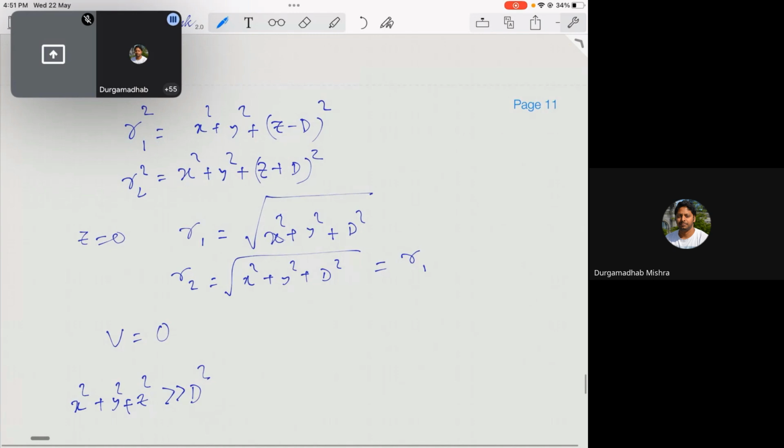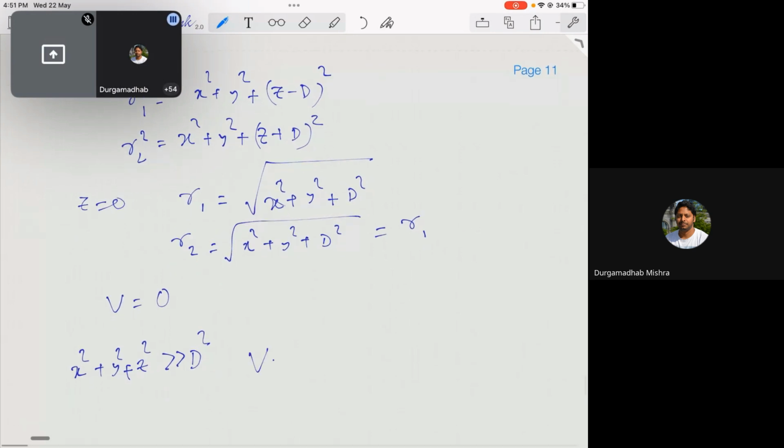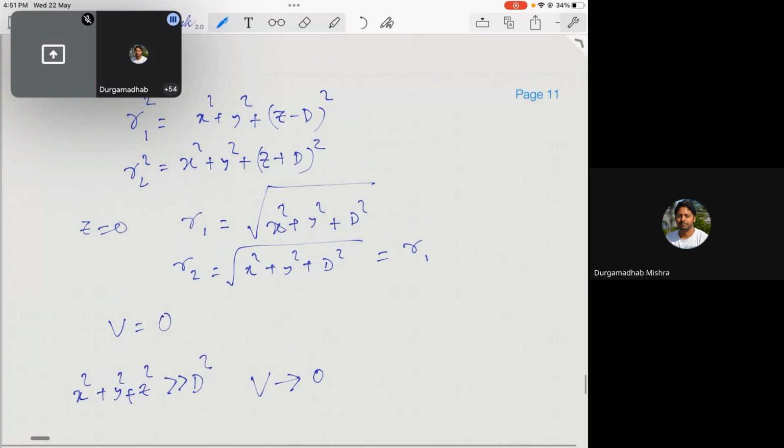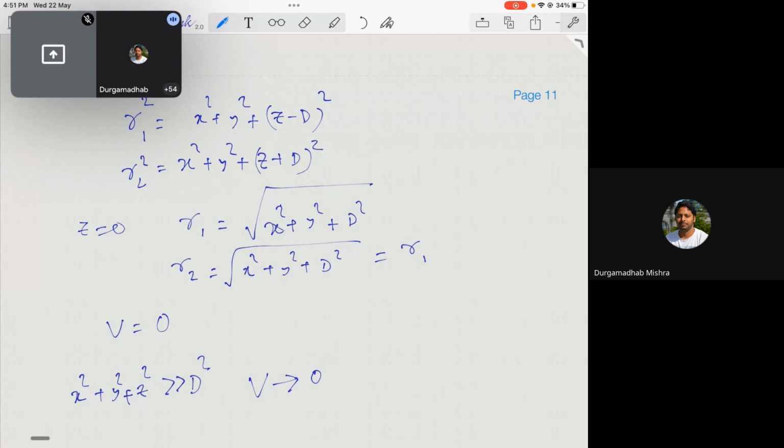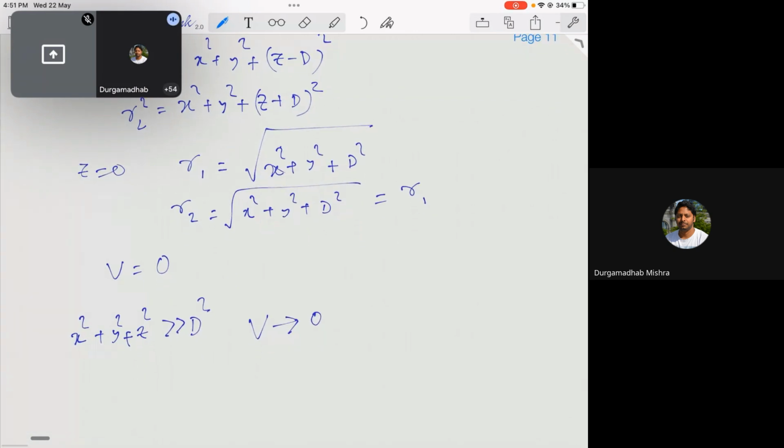In that case, you take d out, and it will be z by d square, which you can neglect, and then it will simply be x square plus y square plus z square. So the potential goes to 0 as you go farther away from this charge distribution.